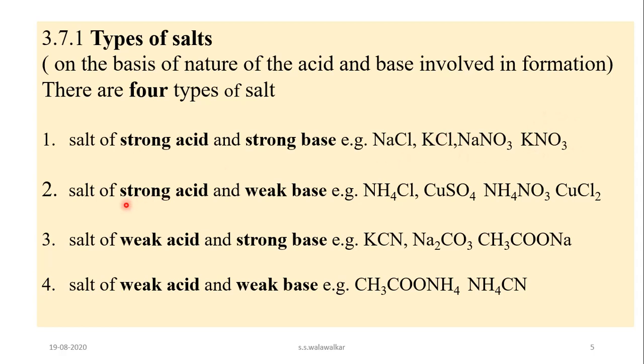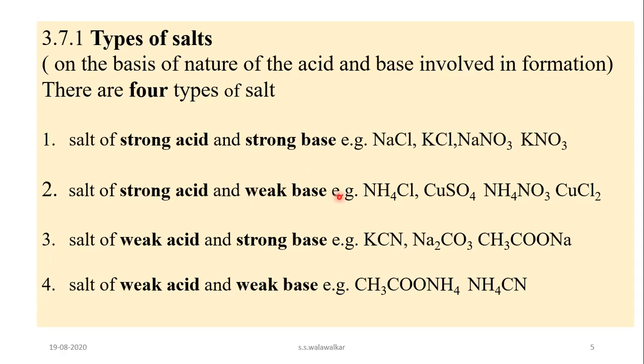Then second type of a salt, that is salt of strong acid and weak base. Now strong acids are H2SO4, HCl, HClO4, that means perchloric acid, HNO3, HBr, these are what? Strong acids.